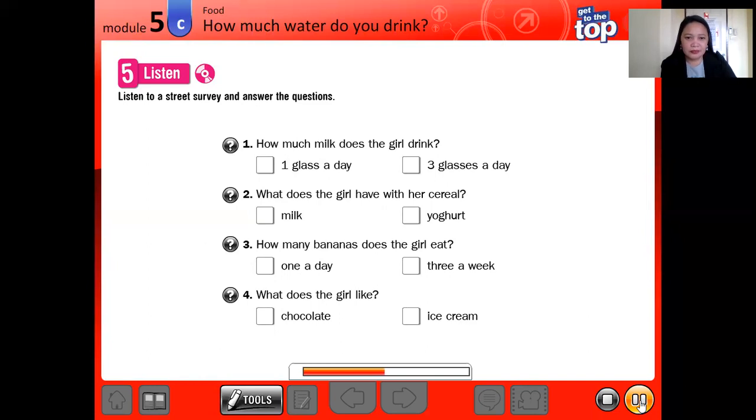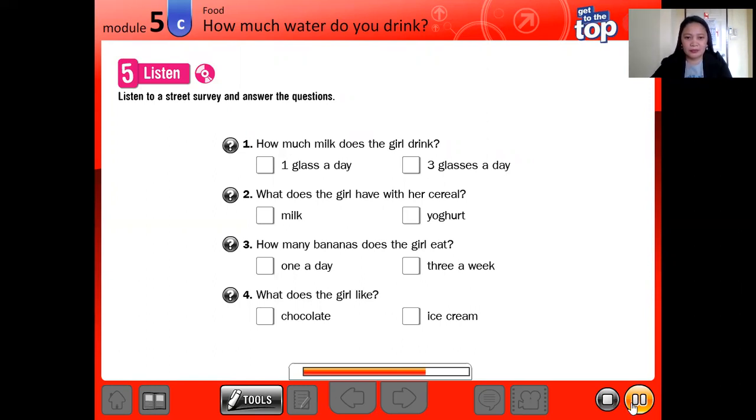Next question. Do you eat fruit? Yes, I do. What's your favorite fruit? I don't know. Bananas are nice. Okay, how many do you eat? 1 banana a day? No way. I eat about 3 bananas a week. Oh, okay. Only 3 a week. Right then.